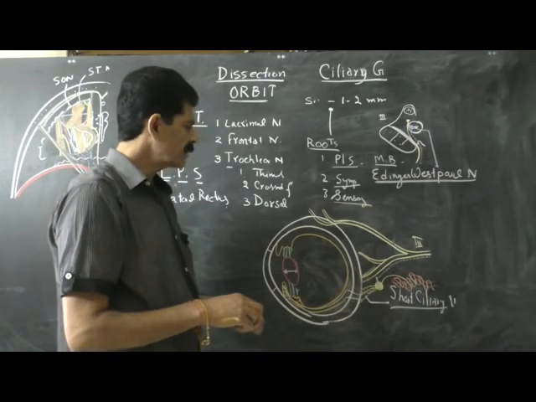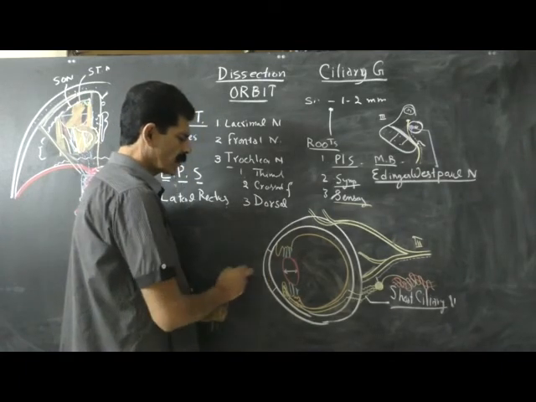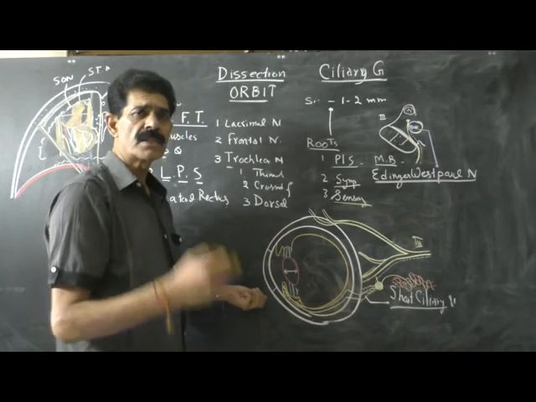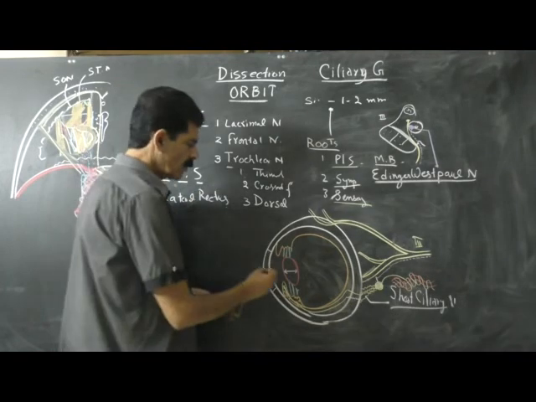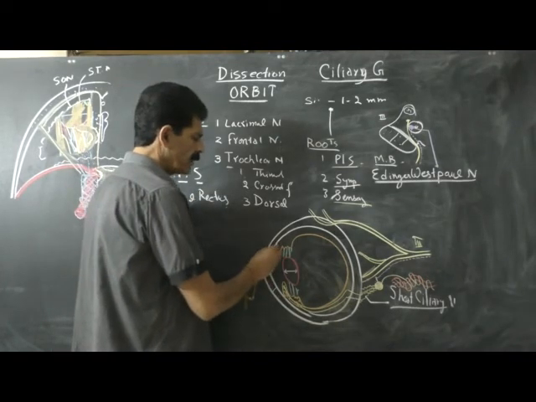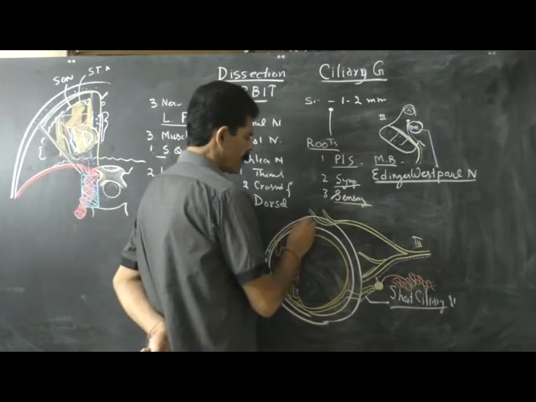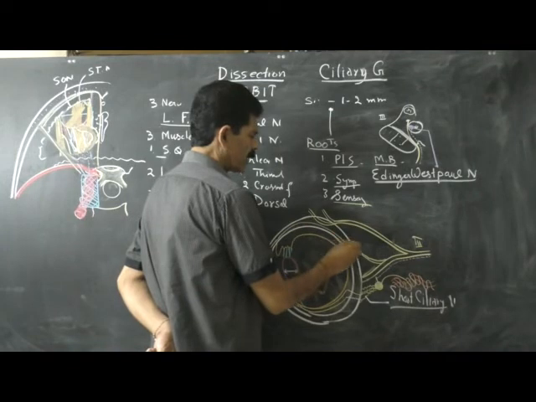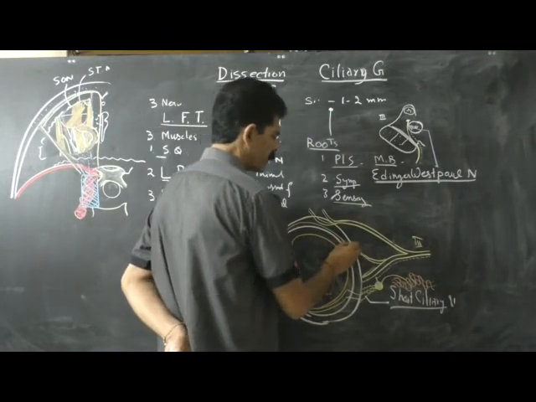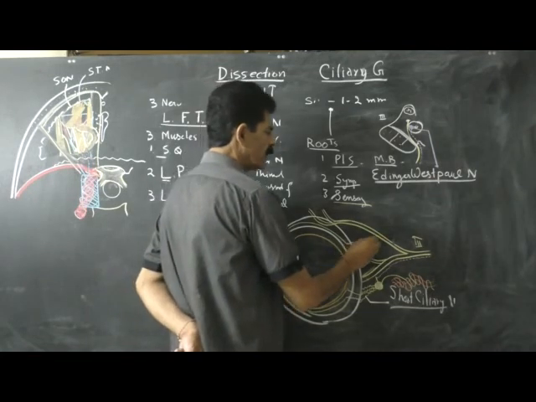Usually the sensory nerve, so the cornea is a sensory part of the eyeball. It is sensitive to pain, temperature, pressure and touch, that is the general sensations. So nerves starting from the cornea, carrying these general sensations, run in the cornea and come out through the sclera as the long ciliary nerves.